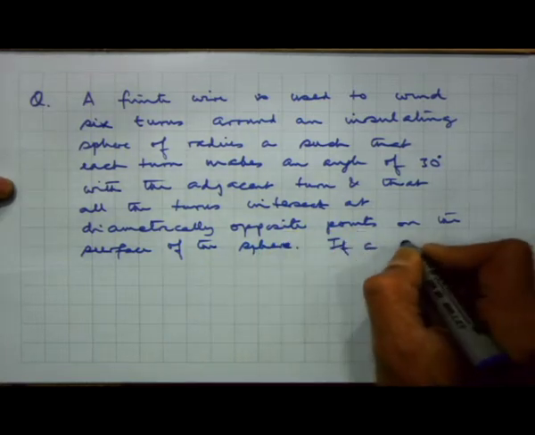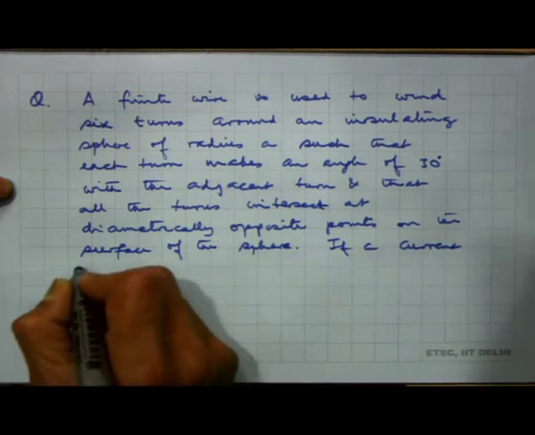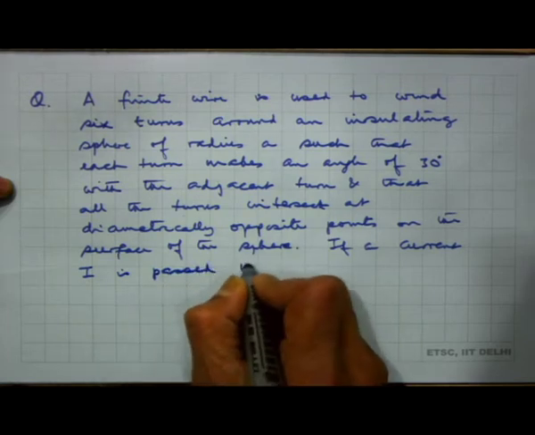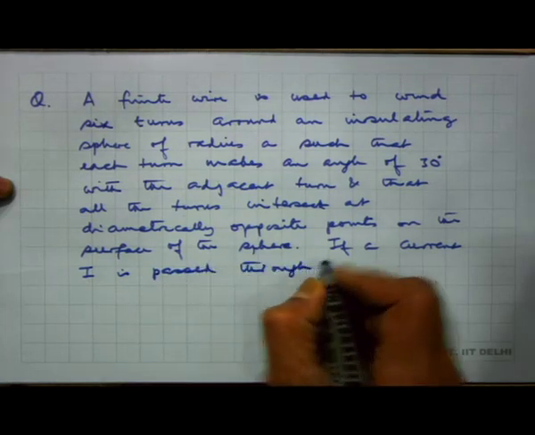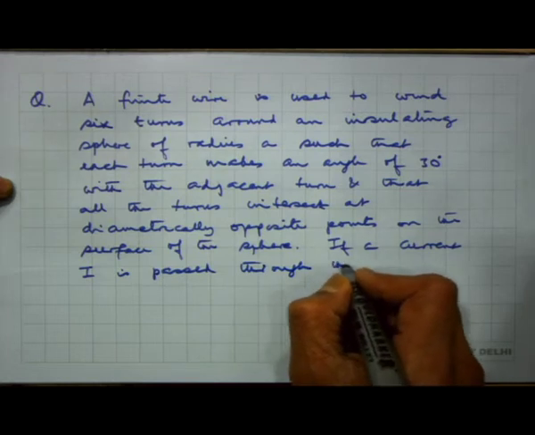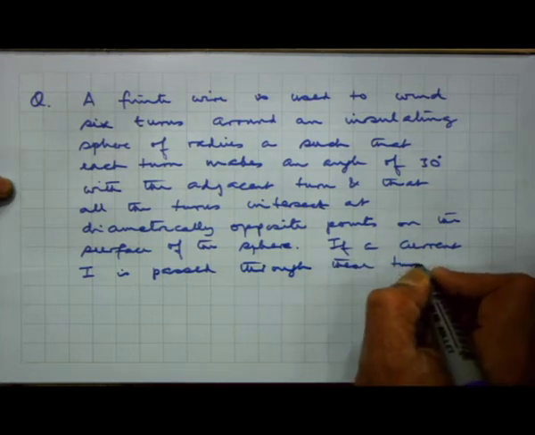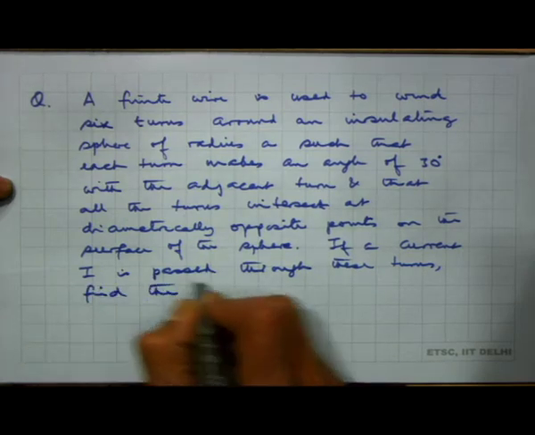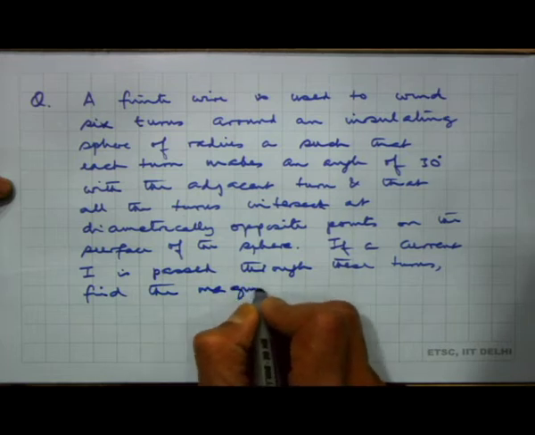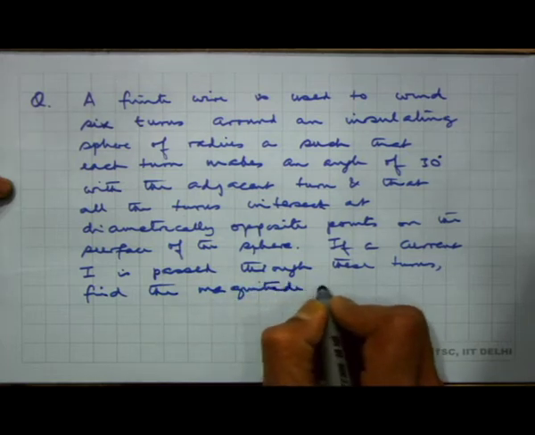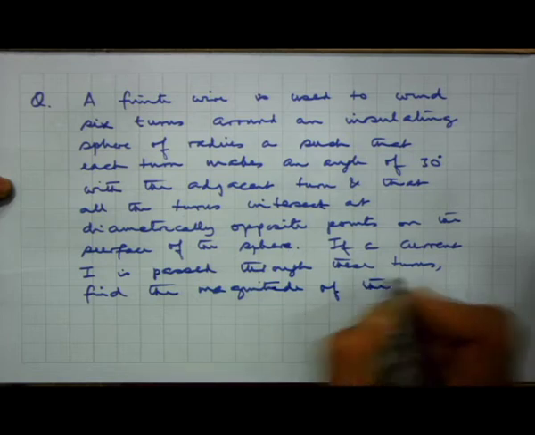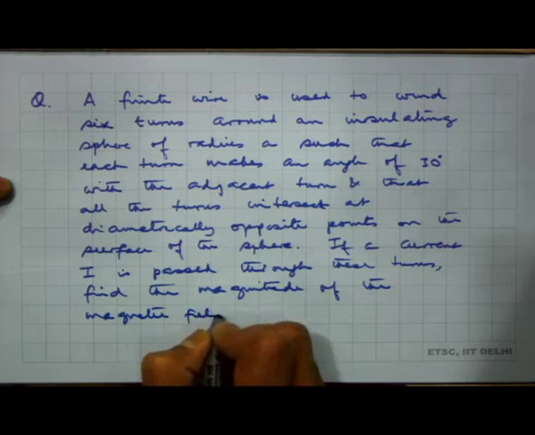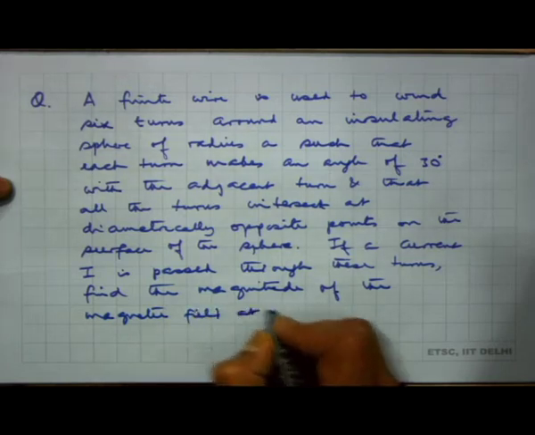If a current I is passed through these turns, find the magnitude of the magnetic field at the center of the sphere.